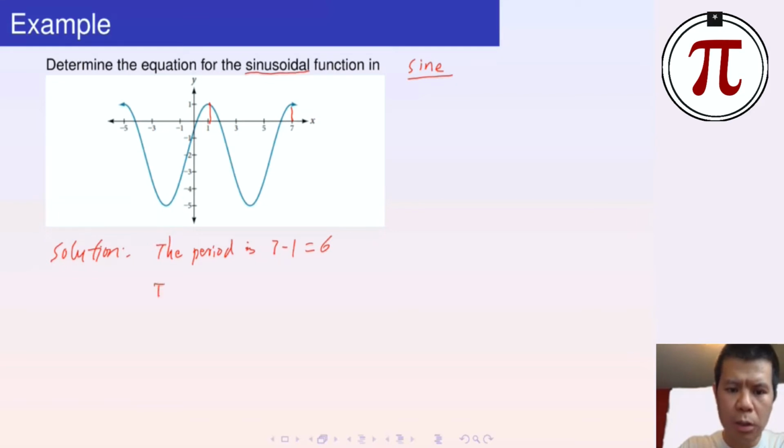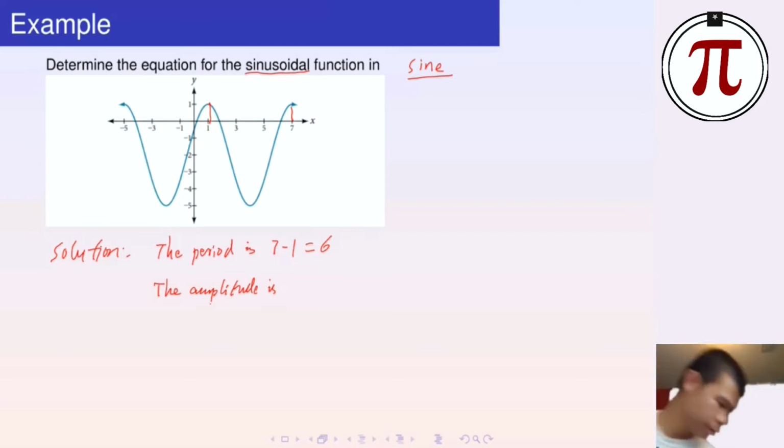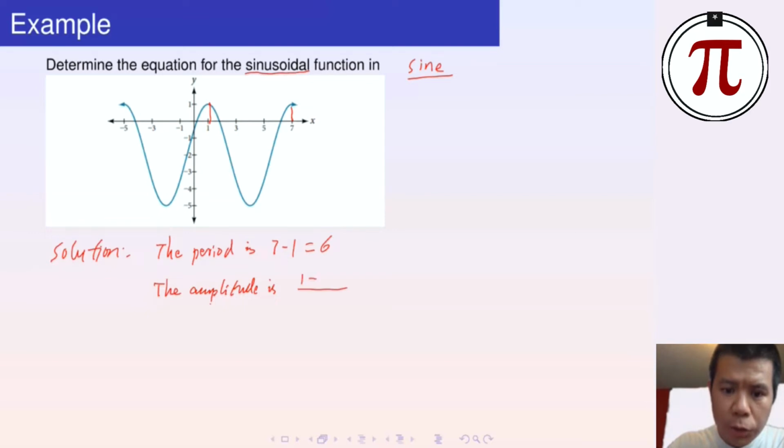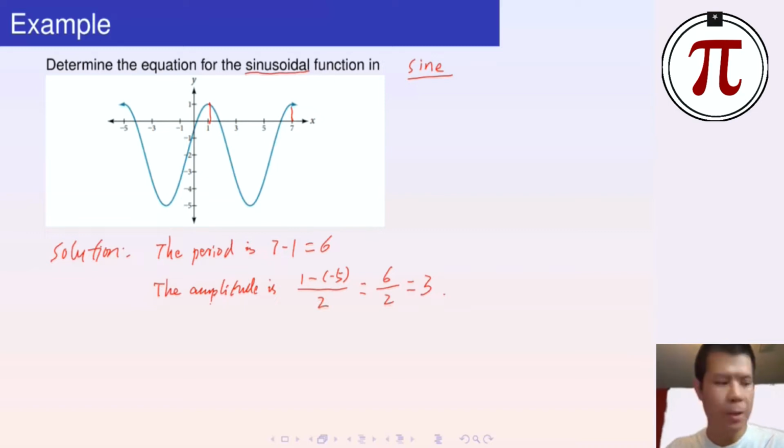The amplitude is max minus min, over 2. Amplitude is 1 minus negative 5, divided by 2, so that is 6 over 2 equals 3.